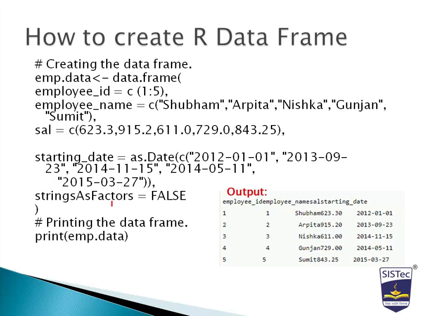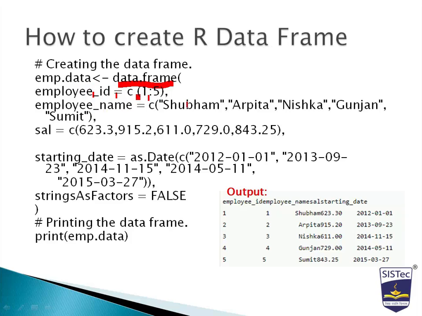Let's take an example of how to create an R data frame by using a program. To create a data frame, we use the function data.frame, which provides the facility to create data frames. Here I create an employee ID that contains the sequence from 1 to 5.